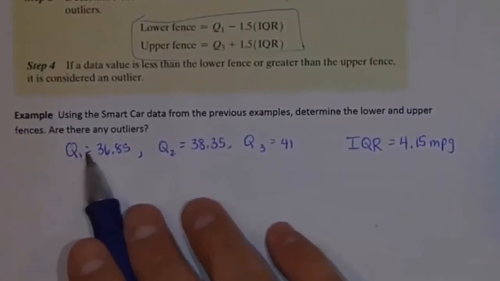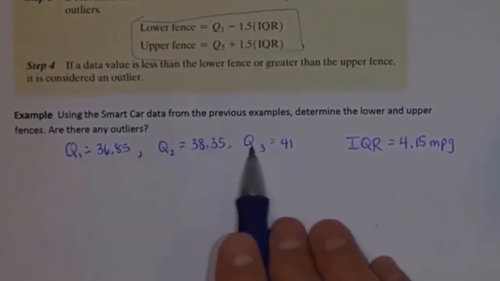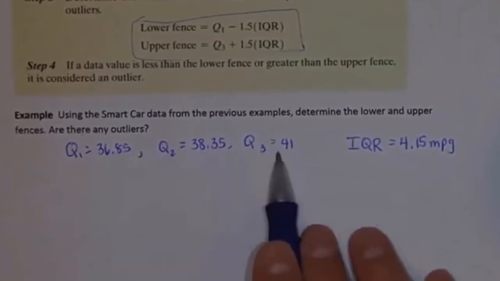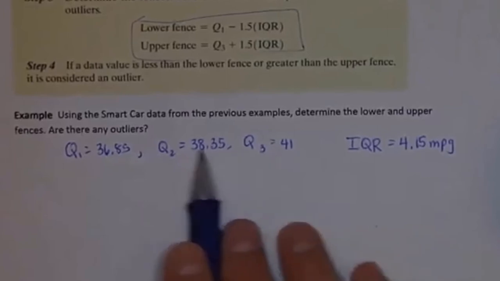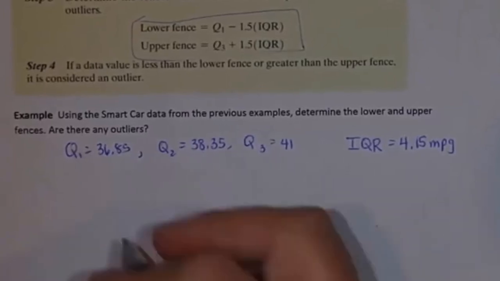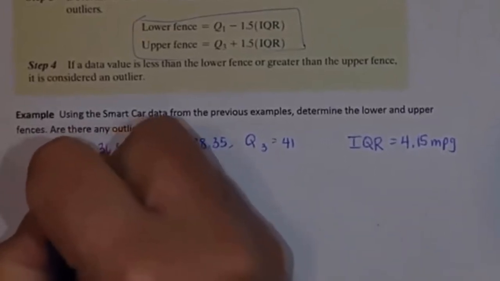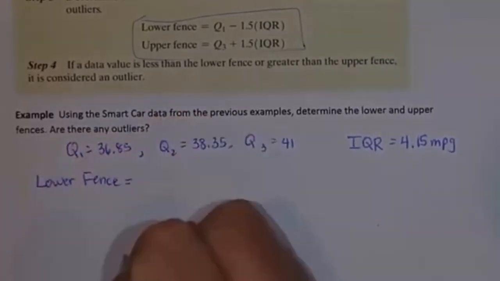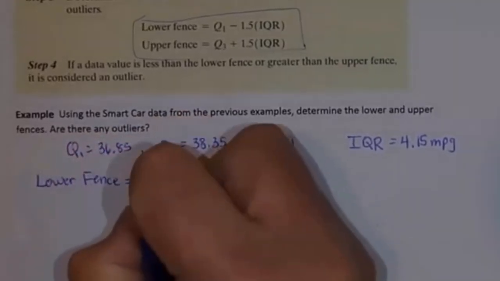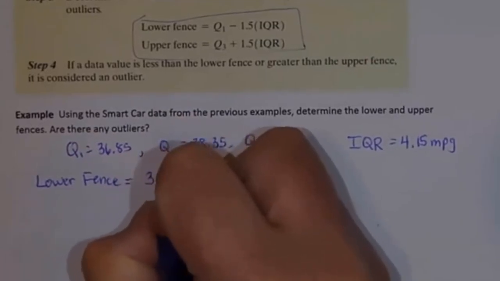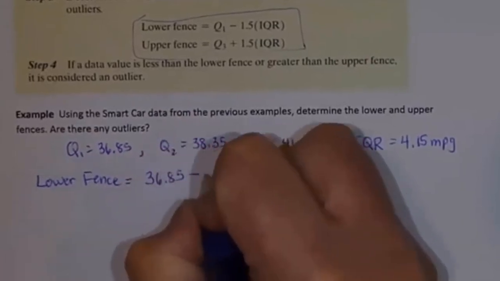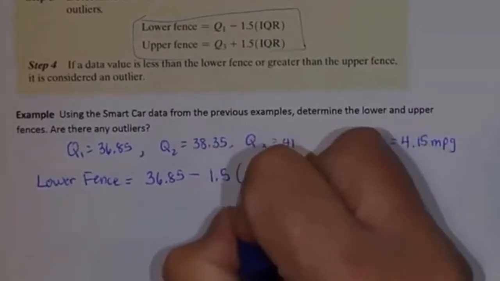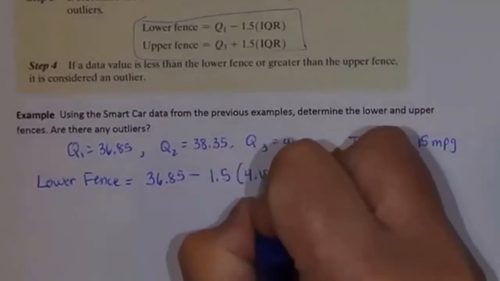So all I did was rewrite what we found in the previous problems, the first quartile, the third quartile, and the interquartile range. So I'm going to find my lower fence. My lower fence is going to equal the first quartile, 36.85, minus 1.5 times the interquartile range, which is 4.15.